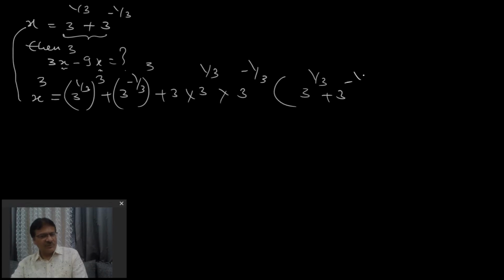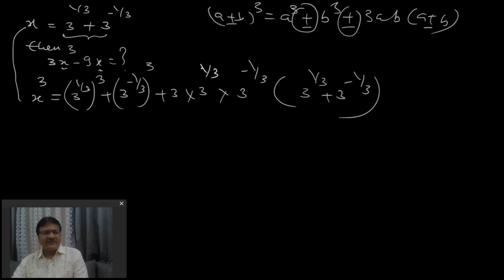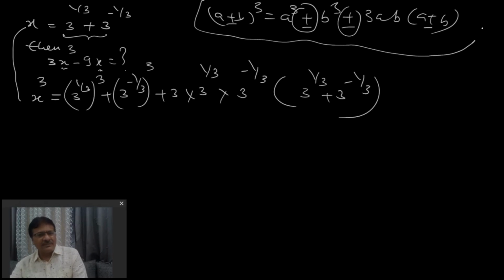You must remember that formula: a plus b whole cube equals a cube plus b cube plus 3ab into a plus b. If it is minus, then apply alternate minus signs: a cube minus b cube, minus 3ab, a minus b. Not alternate. Everywhere wherever there is plus, we put minus here. That's it. So that is the formula for a plus b whole cube or a minus b whole cube.